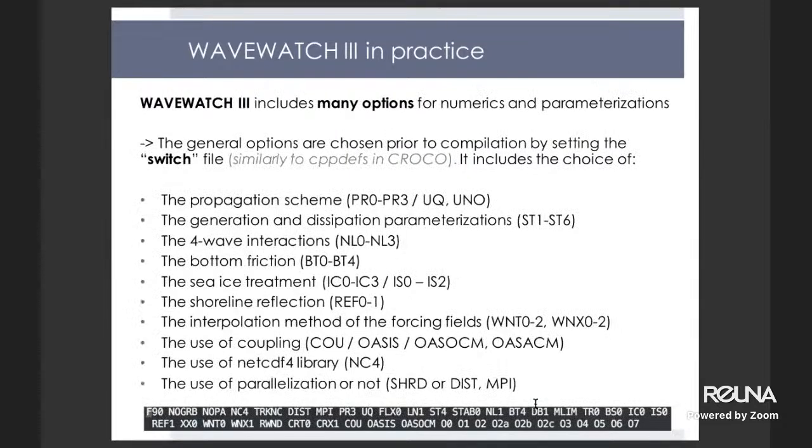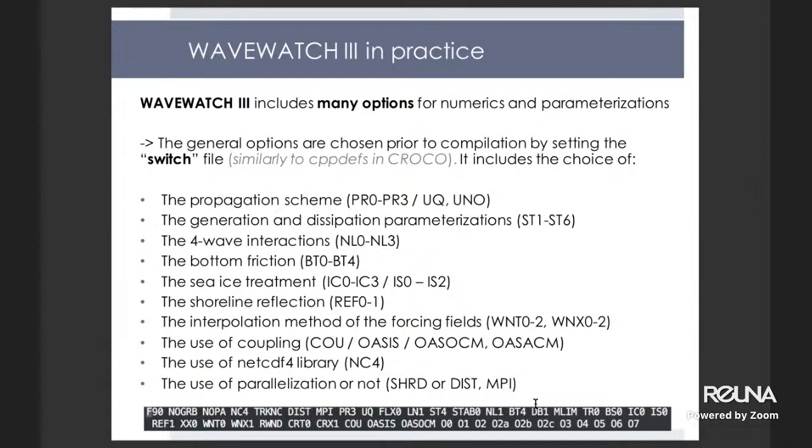Continuing on numerics, Wavewatch has a lot of numerical and parametrization settings. As Andres said yesterday, I think WRF has a lot too, but Wavewatch has a lot of parametrization. So you need to kind of appropriate the model to your use, and work a bit with it to understand the implication of all this parametrization and the setting of them.